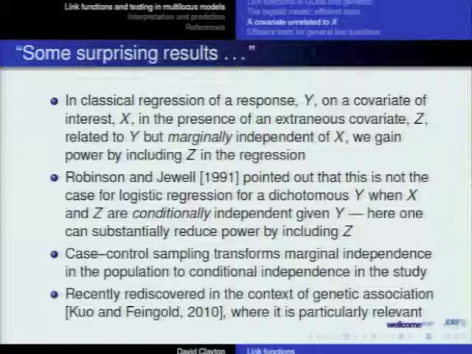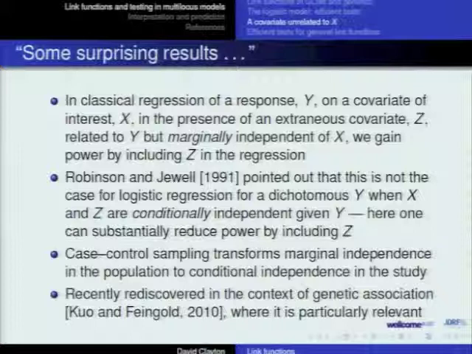And what Robinson and Jewell pointed out was that while in classical regression of the response on a covariate of interest, in the presence of an extraneous covariate which is related to Y but independent of X, so you've got a strong covariate which is not related to X, but which is strongly related to the outcome, so it's a strong covariate, but it's not a confounder. Okay. Now, in a classical regression, if you put that into the model, then you will gain an awful lot of power because you will reduce the residual variance.